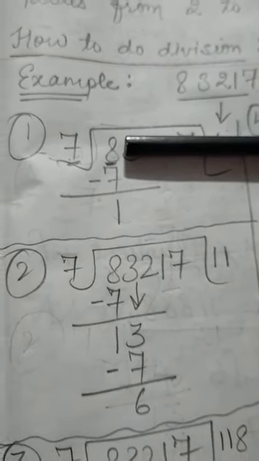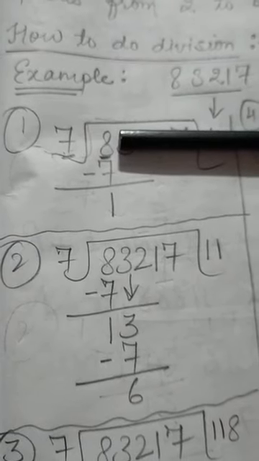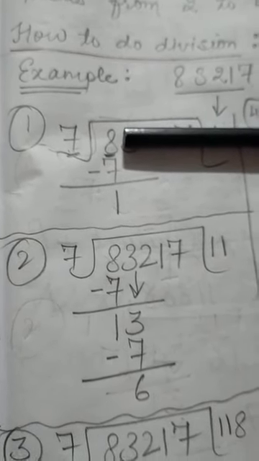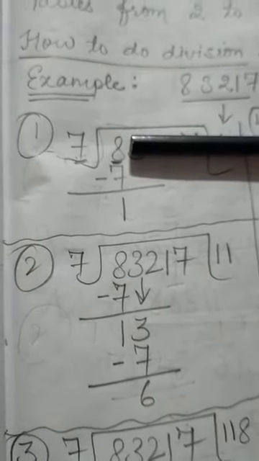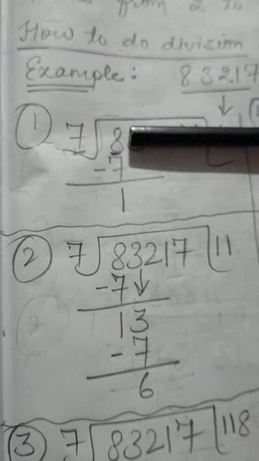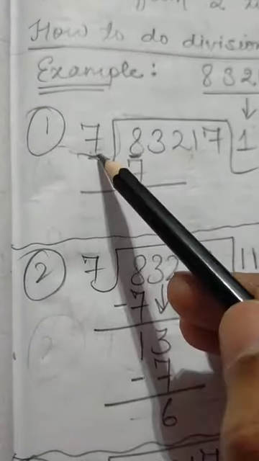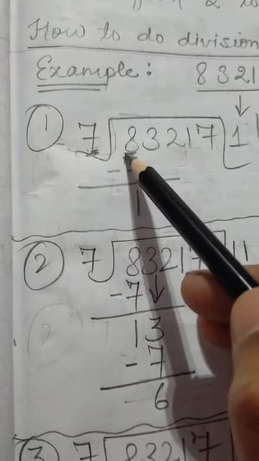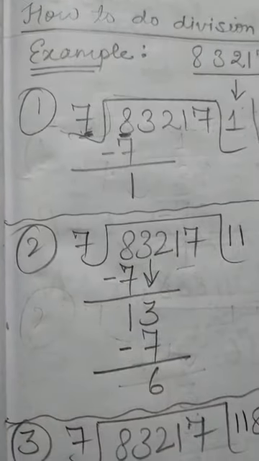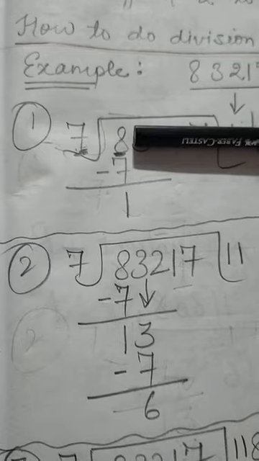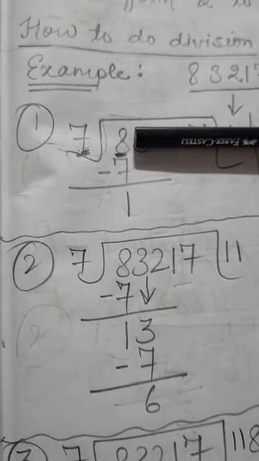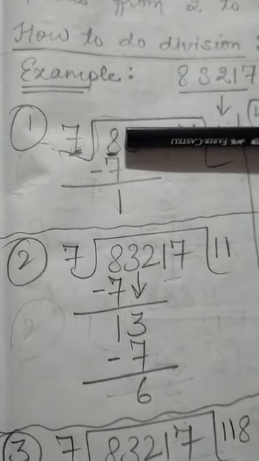So from the table of 7 you will find the number which will be written under 8. That number must be less than 8. Here we will take only 8, and what can you write under 8 so that it can be subtracted from 8?